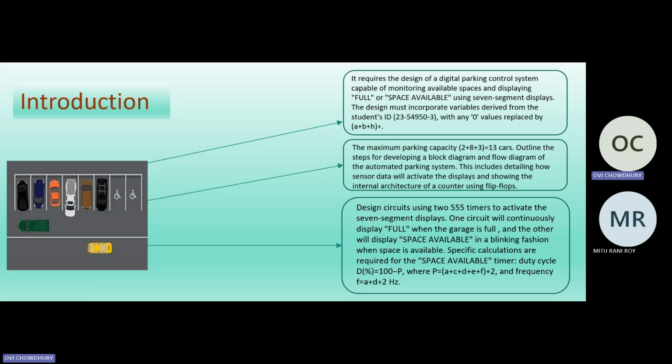And when garage space is available, it shows available. The maximum capacity is 13 cars. This system is controlled by 555 timers, counters, and 7 segment displays, and the 555 timer is in astable mode.